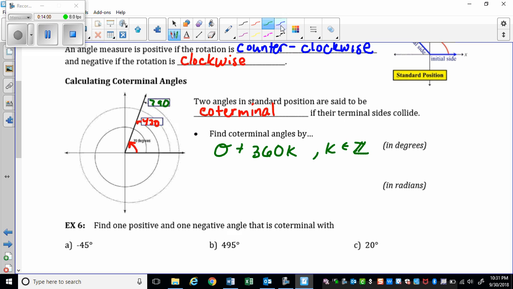It has to be a whole number, okay? And obviously this is only for degrees because I'm adding 360 degrees. If we're in radians, then it's going to be theta plus 2 pi times your k, where k is still an integer.